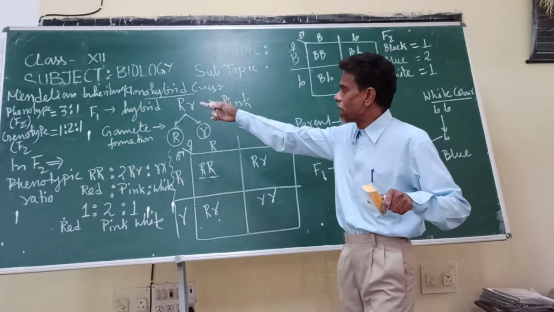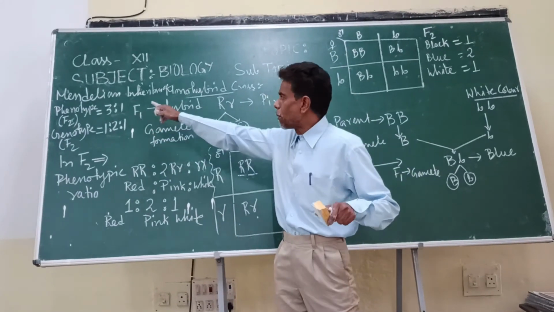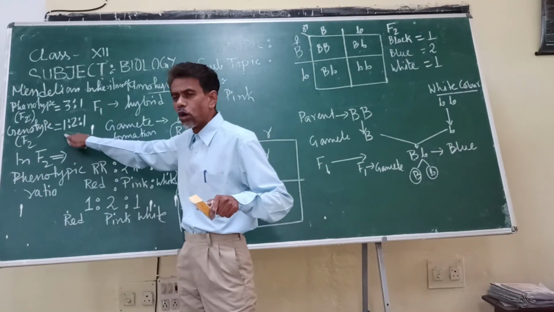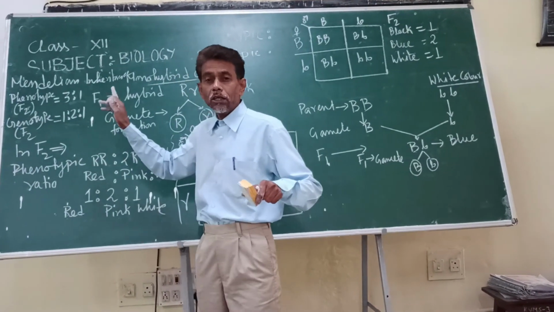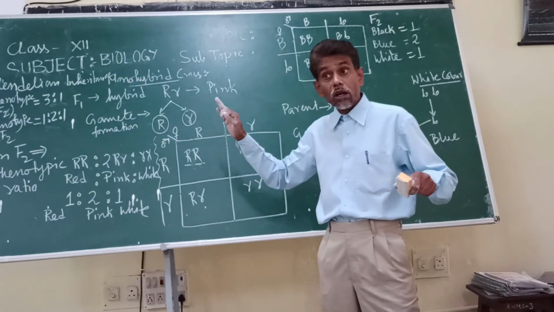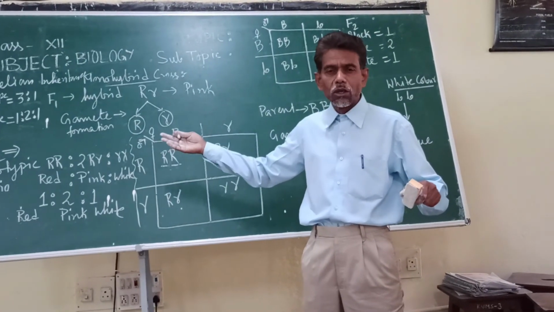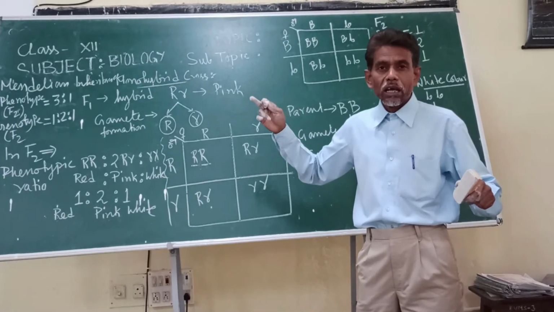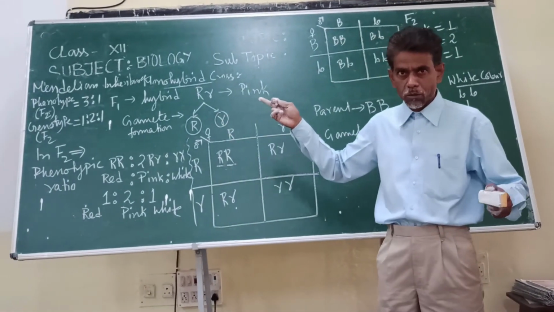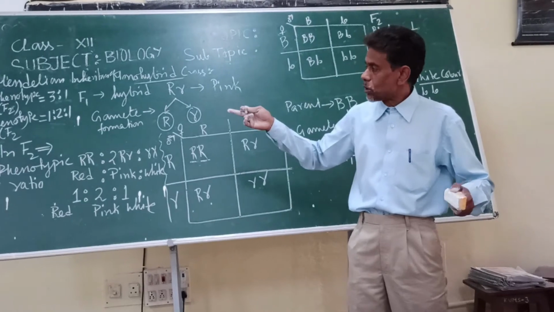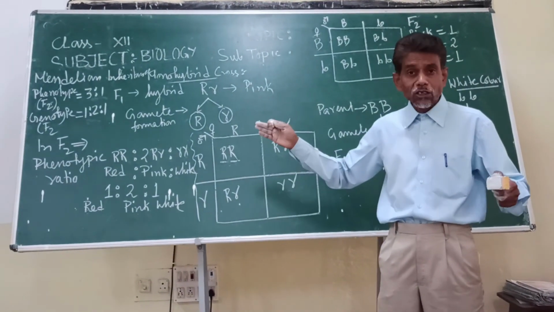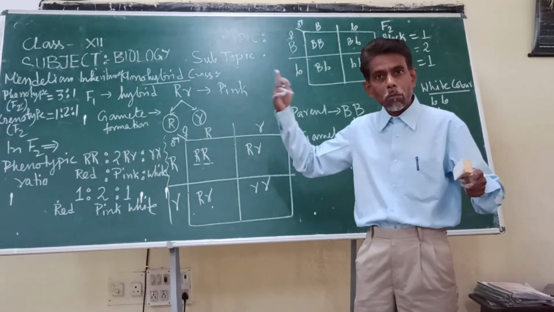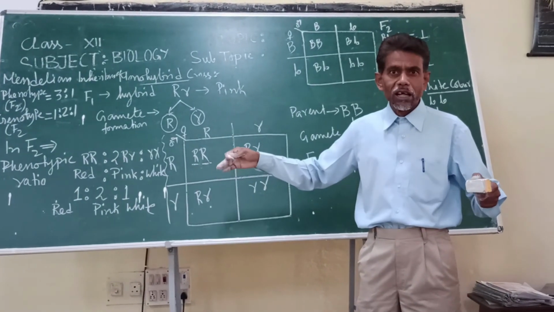But in the Mendelian principle, the phenotype of the F2 generation is 3:1, whereas genotype is 1:2:1. These types of questions you will certainly get in your board examination, or even many times it has come in your NEET examinations, the medical entrance test, asking what is the basic difference of the phenotypic and genotypic ratio of Mendelian inheritance and non-Mendelian inheritance.